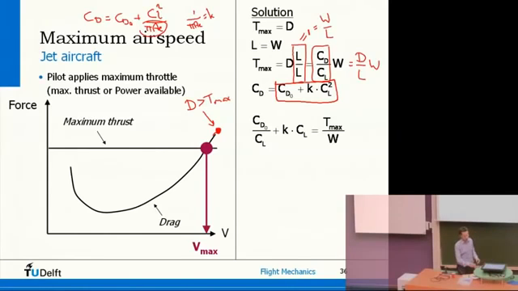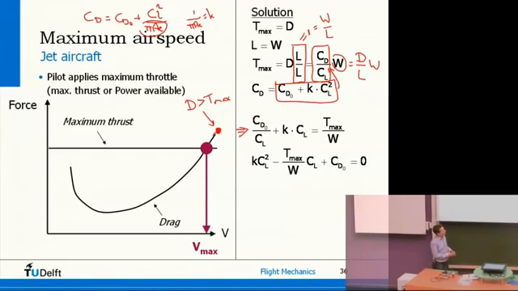So maximum thrust divided by weight is basically a function of lift coefficient, because the other terms are constants. If I take maximum thrust over weight to the left-hand side, I get this.